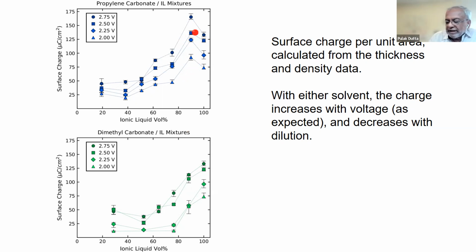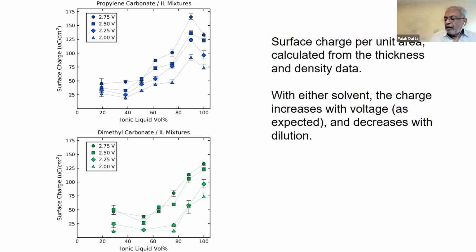Of course, that's only 1 point, but it turns out that the capacitance measurements that I've been talking about show a very similar effect as a function of dilution, that there's a maximum. Do we understand why? We do not. When I say we, I mean I do not. But a small amount of solvent will actually increase the interface capacity.